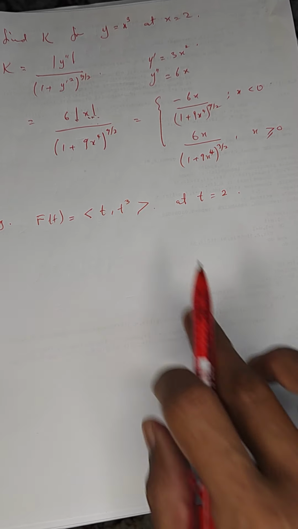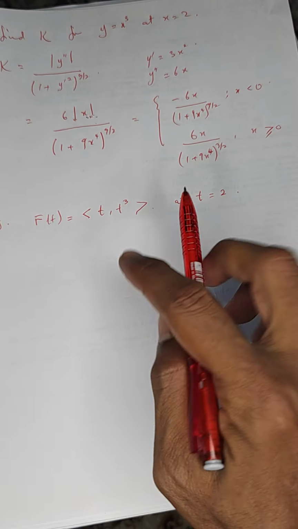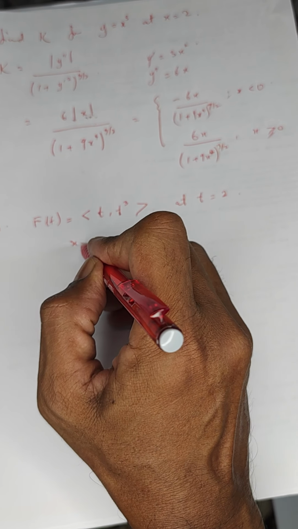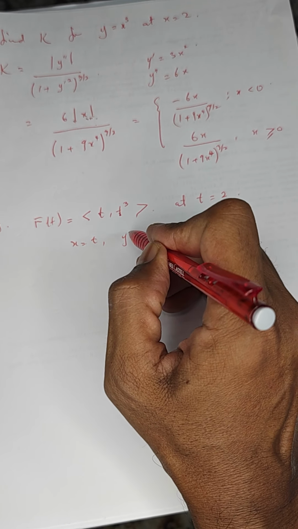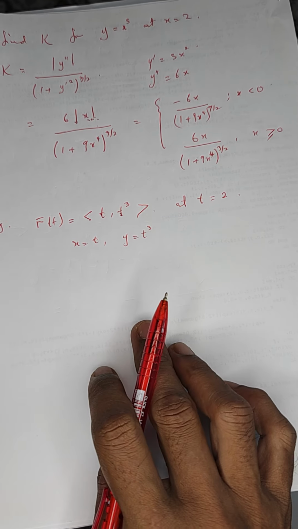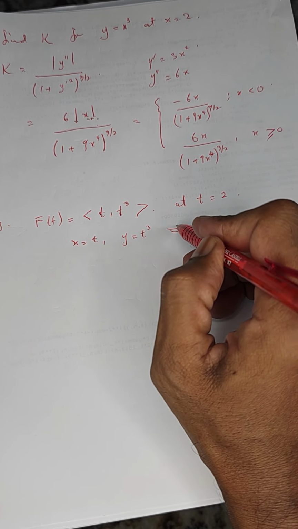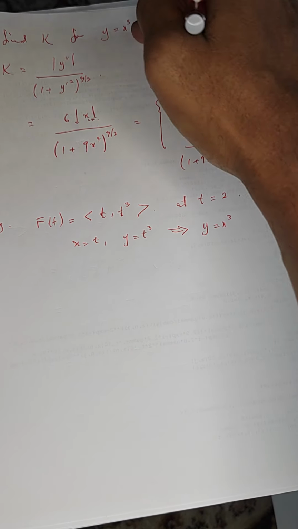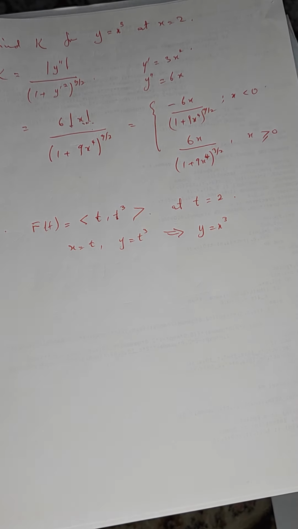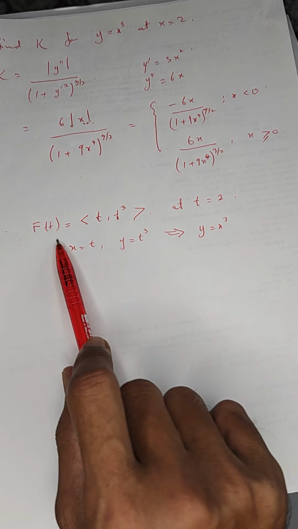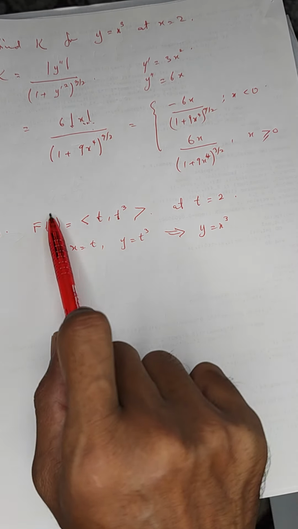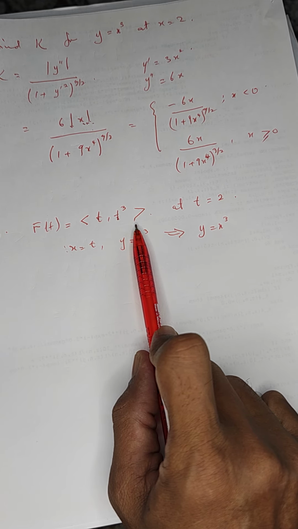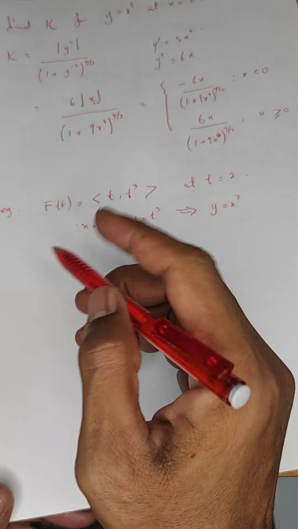Looking at the given components of r, you can write x equals t, y equals t cubed. Basically this is just the equation y equals x cubed, so it's exactly the same equation and you should get the same answer. But in this case, I want you to evaluate using the curvature for the vector function.